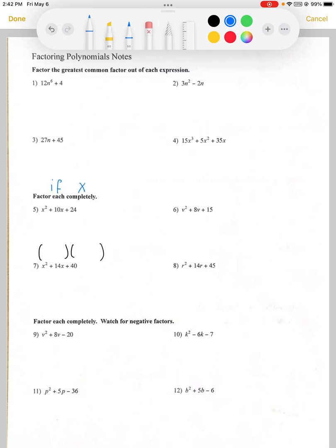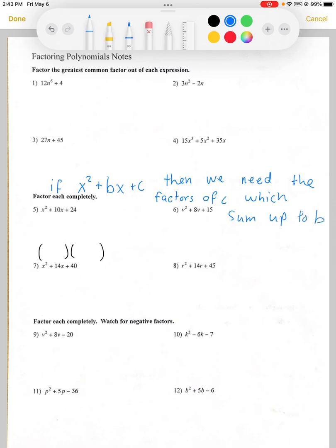If x squared plus bx plus c, then we need the factors of c which sum up to b.